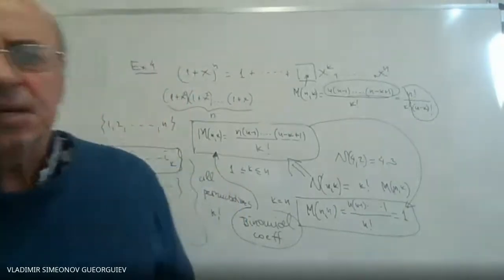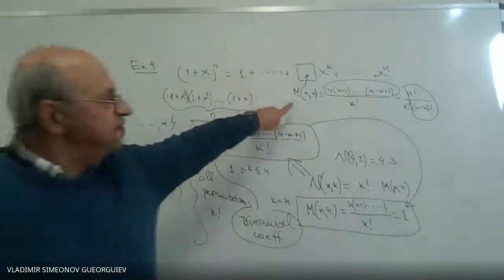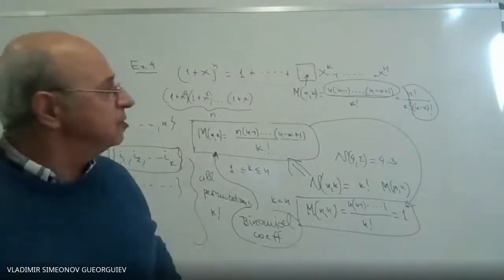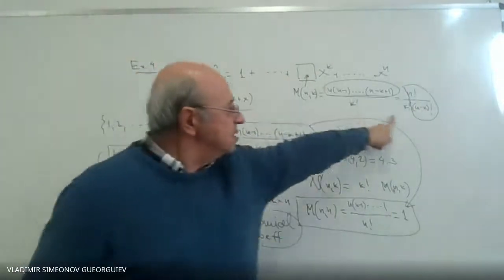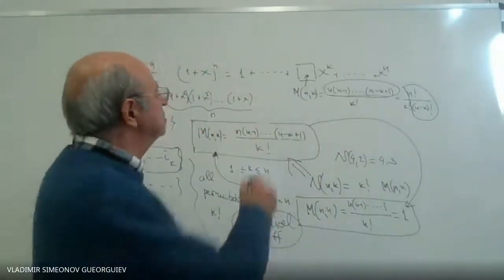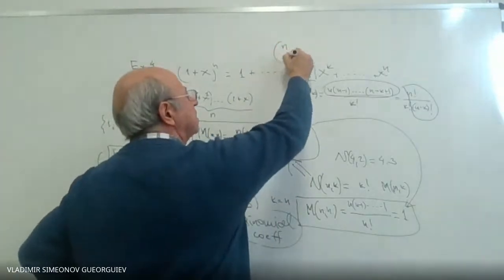Okay, let us turn to our treatment. So the coefficient in front of x to the power kappa, the binomial coefficient, is given by this formula. A notation for this coefficient you can find in some books is n over kappa.